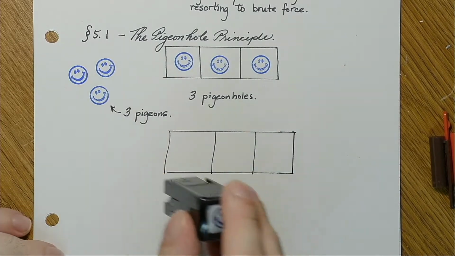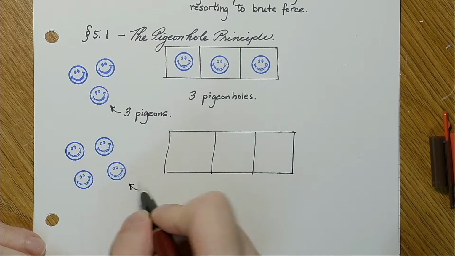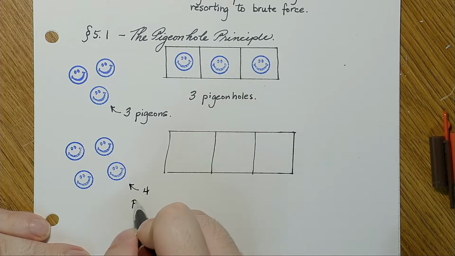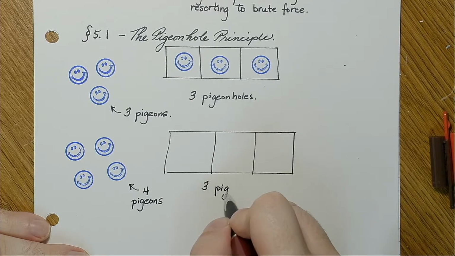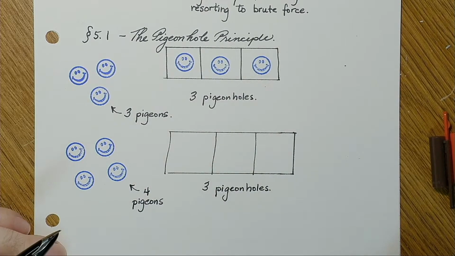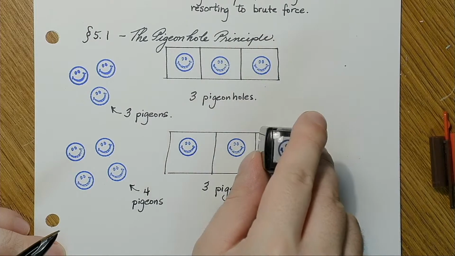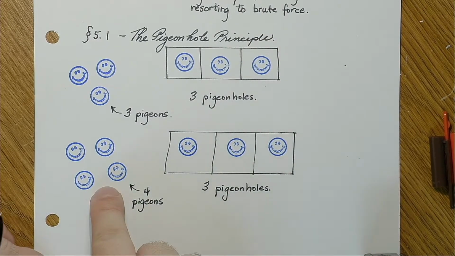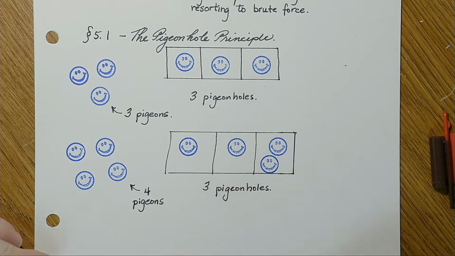Instead now I have 1, 2, 3, 4 pigeons, but I still have 3 pigeonholes. So I can put 1 pigeon in each. But what do I do with the 4th one? I could put it here, I could put it here, or I could put it here. I'll put that one there.